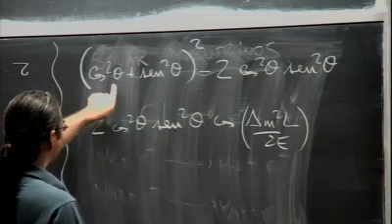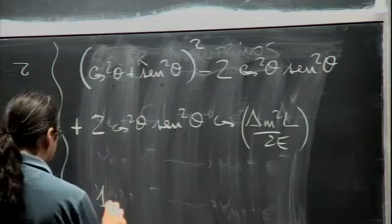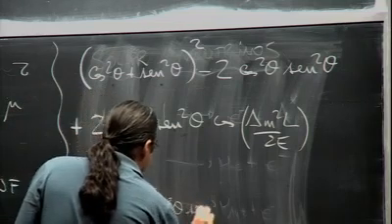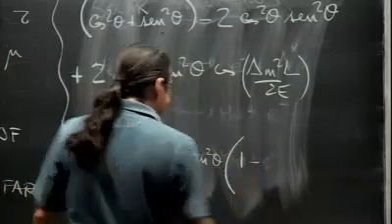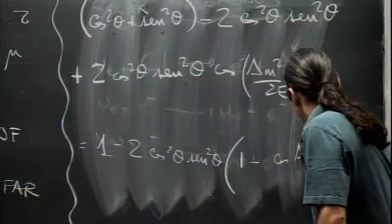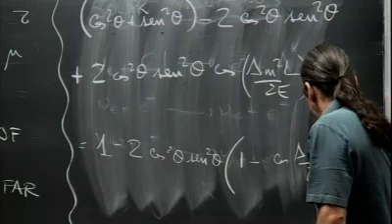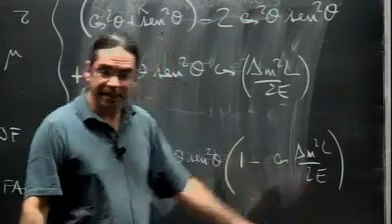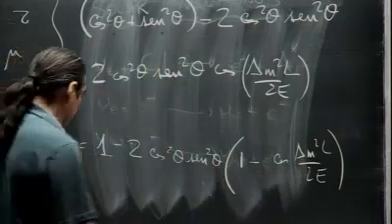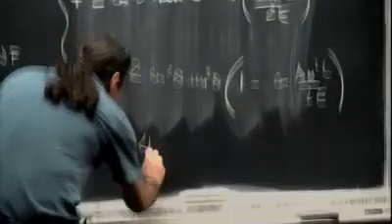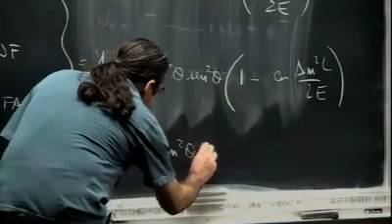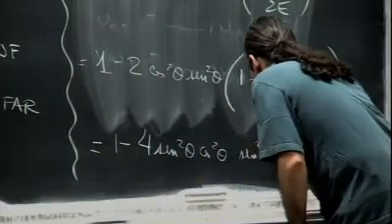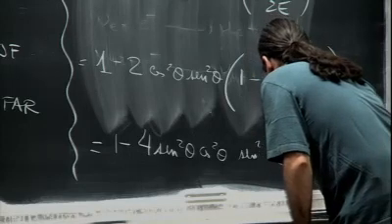I can do better. So cosine squared plus sine squared is 1, minus 2 cosine squared theta, sine squared theta, times 1 minus cosine of delta m squared L over 2E, which is 1 minus cosine of theta, equal to 2 times sine squared of theta over 2. So it's 1 minus 4 sine squared theta, cosine squared theta, sine squared delta m squared L over 4E.